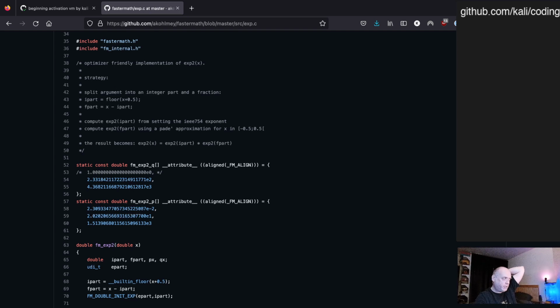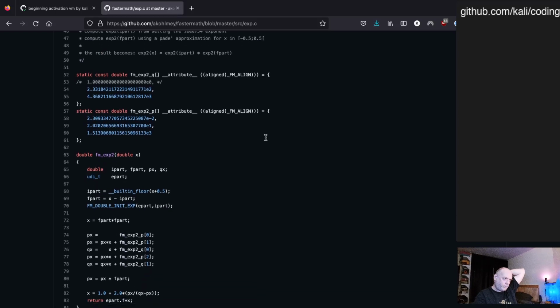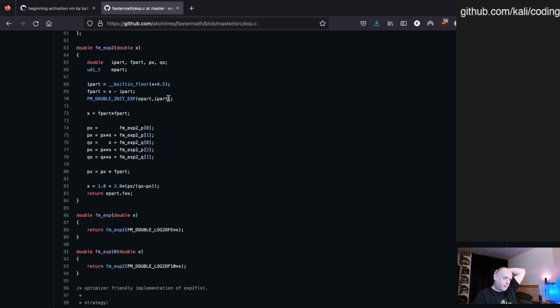The exponentiation with an approximation on a given interval. So sometimes you take half to half or 0 to 1, and so yeah, here's that's for double.